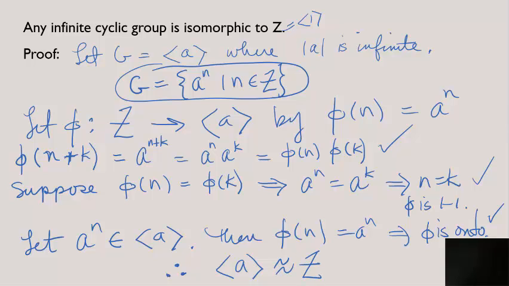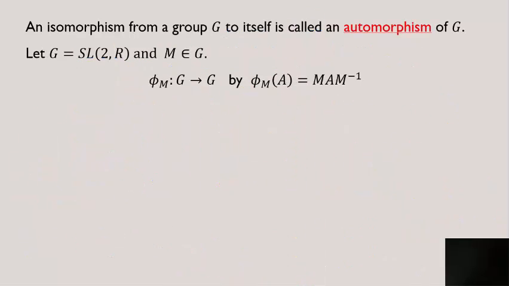Now, we're never going to be asked to prove that a group is isomorphic to itself. The identity map would give us an isomorphism. But we will be interested in sets of mappings that are isomorphisms from G to itself.